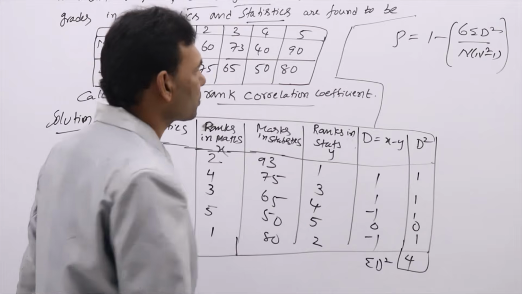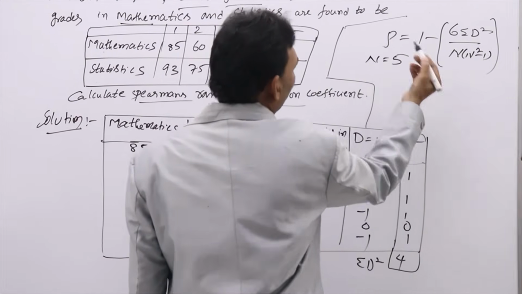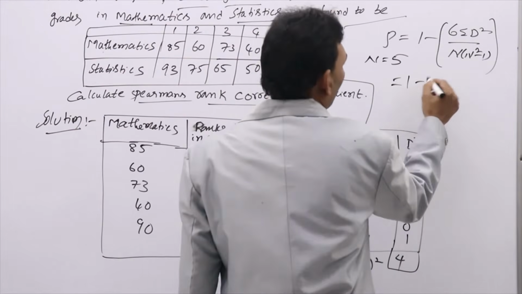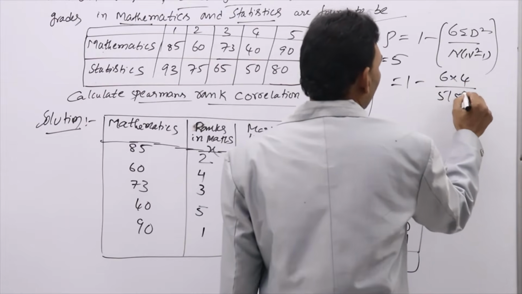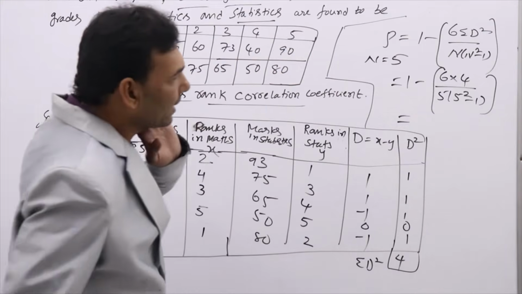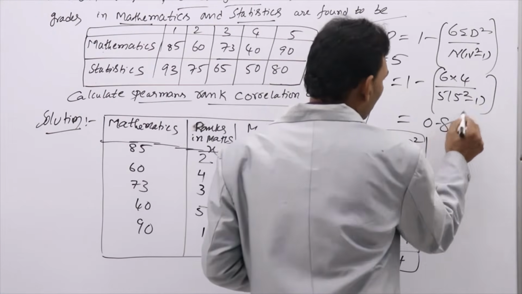And n is 5 here, 5 students. So here 1 minus 6 into 4 by 5 into 5 square minus 1. Use your calculator to get the rho value. You will get rho value 0.8.